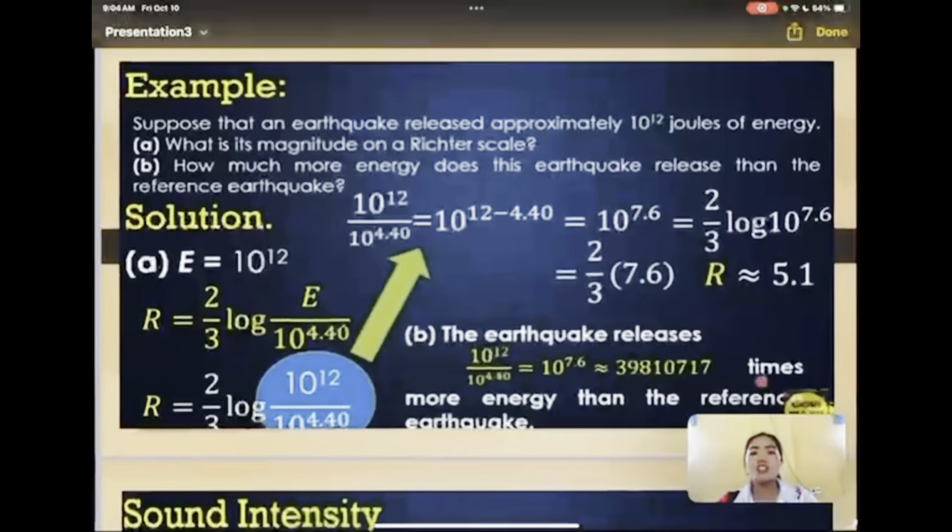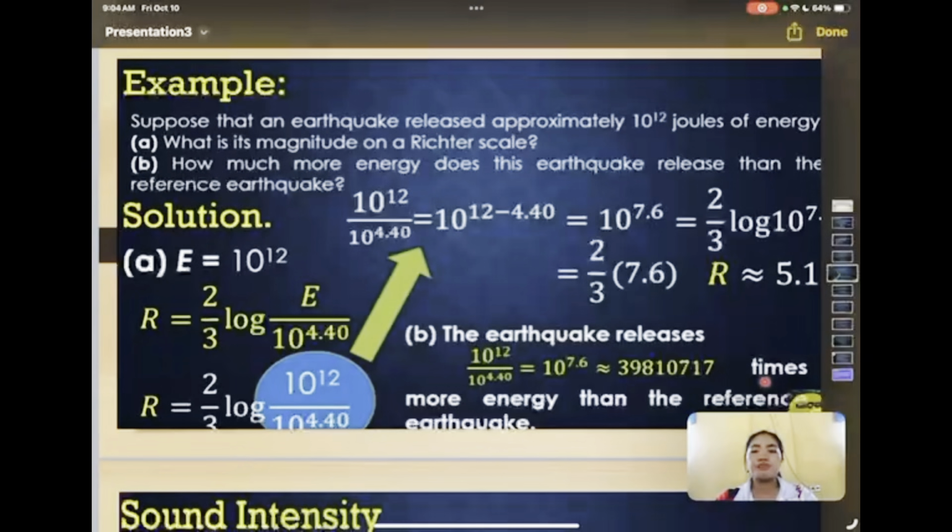For the solution, for letter A, E is equal to 10 raised to the power of 12. That's the energy released. Then we are going to substitute that to our formula.